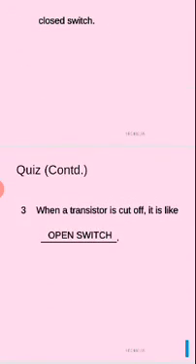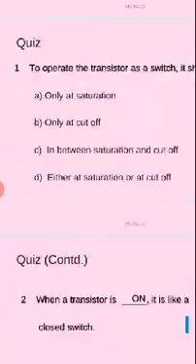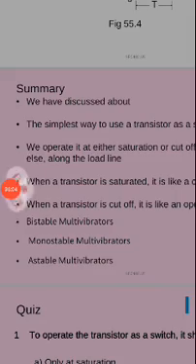Transistor as a switch is discussed clearly.